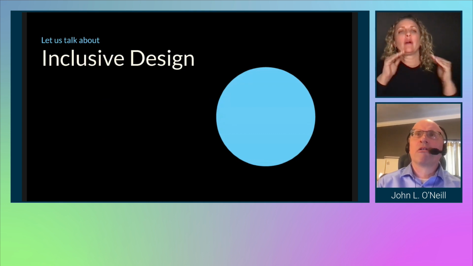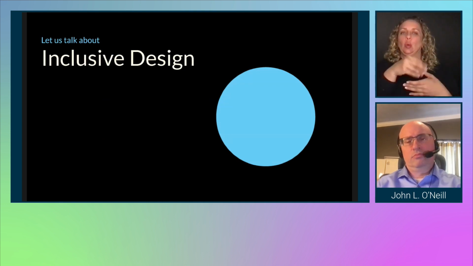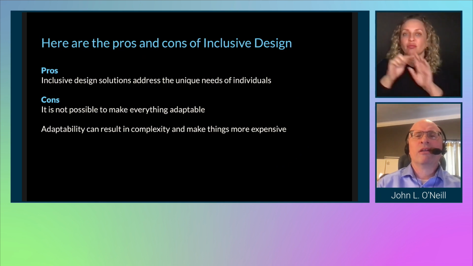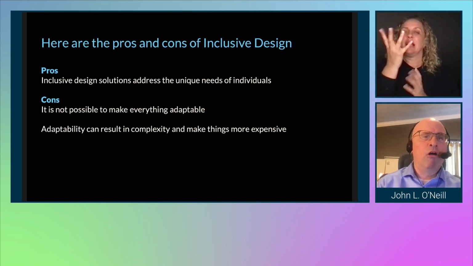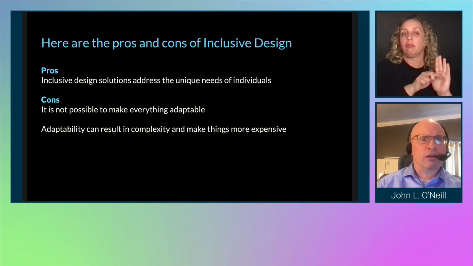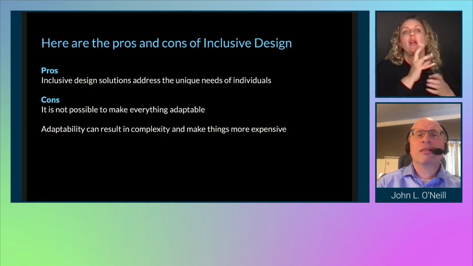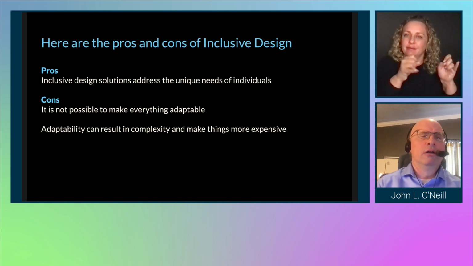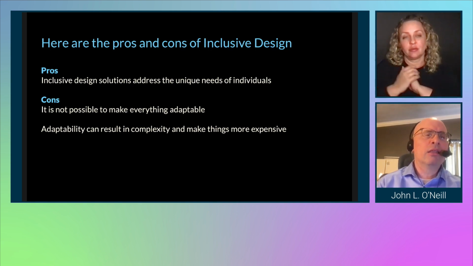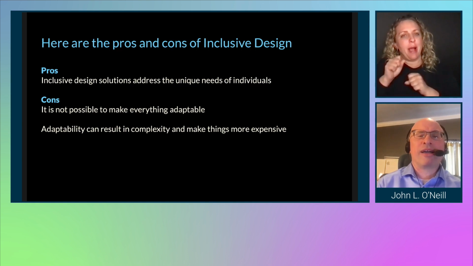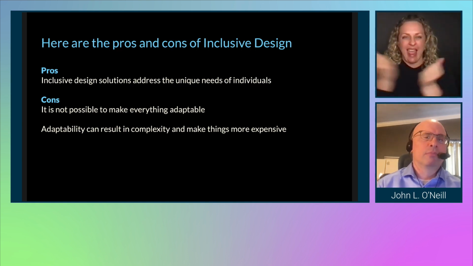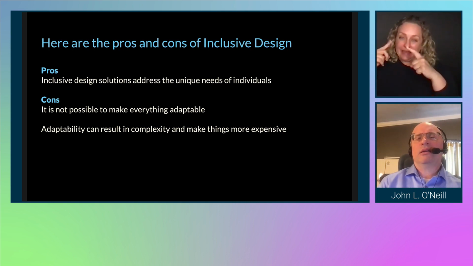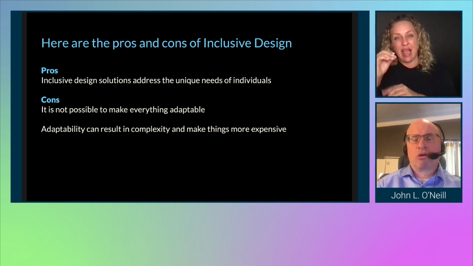Let's talk about inclusive design. Here are the pros and cons of inclusive design. Pros. Inclusive design solutions address the unique needs of individuals. Cons. It is not possible to make everything adaptable. Adaptability can result in complacency and make this more expensive.